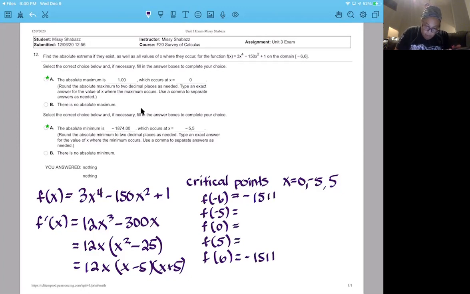For 0, I get 1. For -5, so 3 times 5 to the 4th minus 150 times 25 plus 1. So I get a negative 1,874, and I get the same thing for 5.